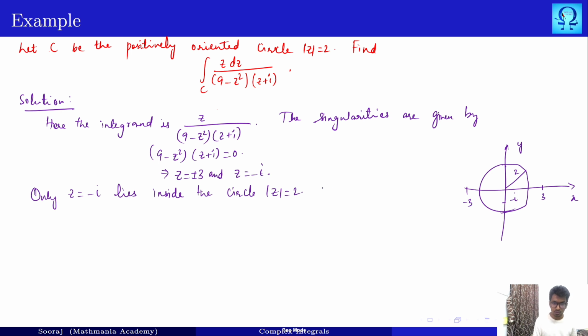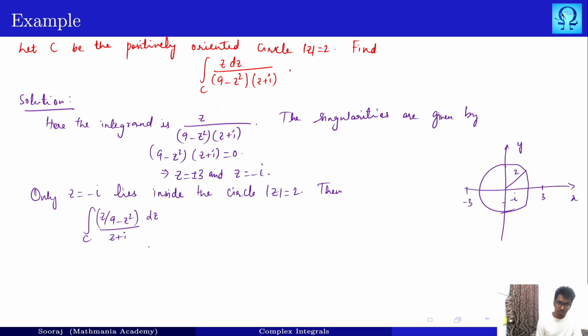If this is so, we can write this as integral over C z dz upon, actually, z upon 9 minus z squared dz upon z plus iota.